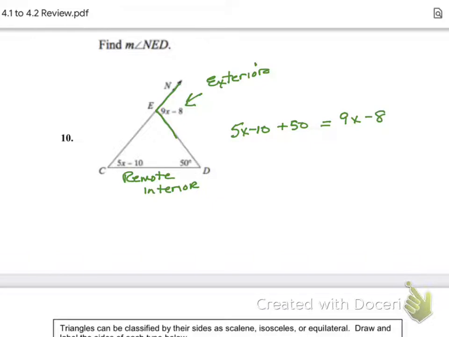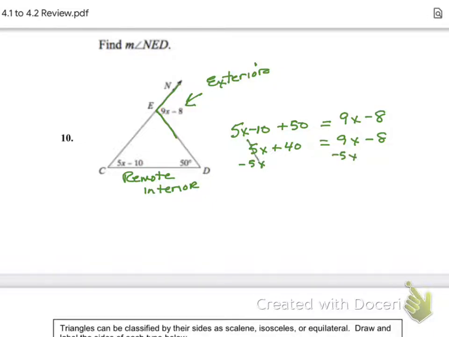Okay, so combine your like terms over here, 5x plus 40, because negative 10 and a 50 is a positive 40, equals 9x minus 8. Okay, now you're really at the two-step problem. I would subtract 5x from both sides. Rewrite your problem.